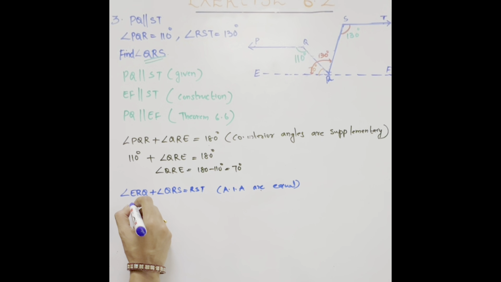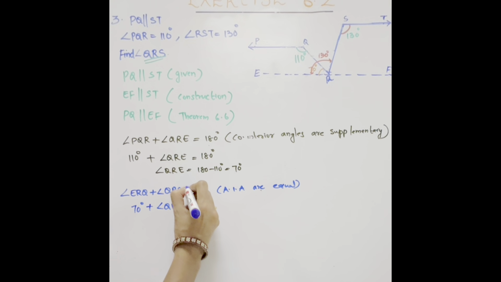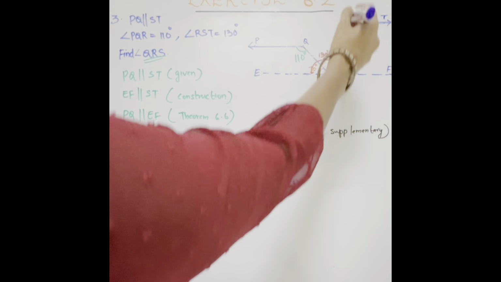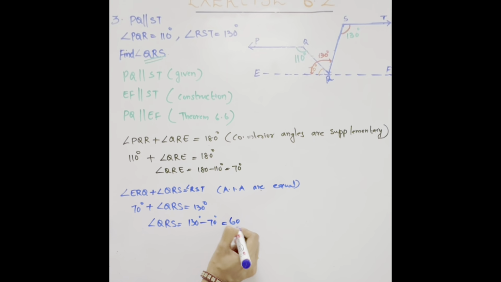So we know ERQ is 70 degrees. So 70 degrees plus angle QRS is equal to angle RST. RST value is 130 degrees. Therefore angle QRS is equal to 130 minus 70 degrees, which is equal to 60 degrees, which is our angle. So angle QRS is equal to 60 degrees.